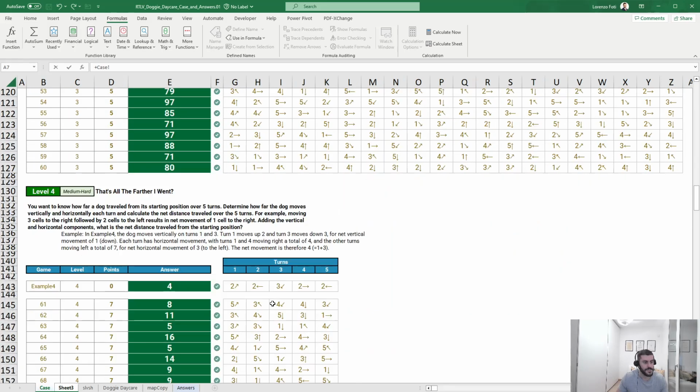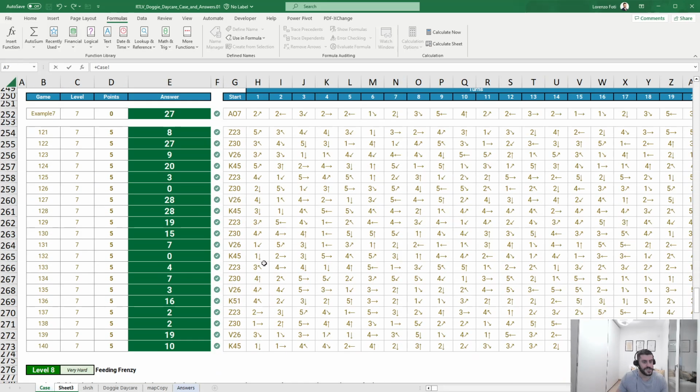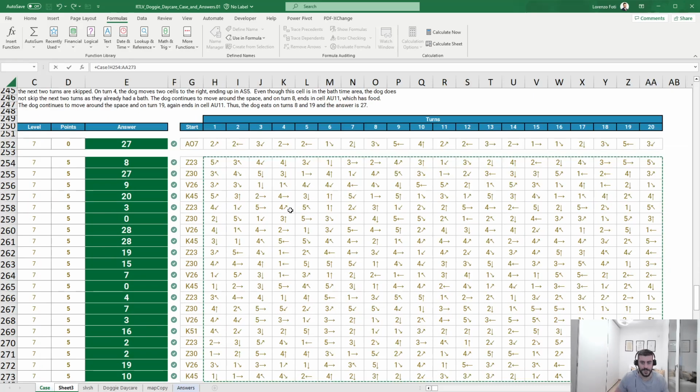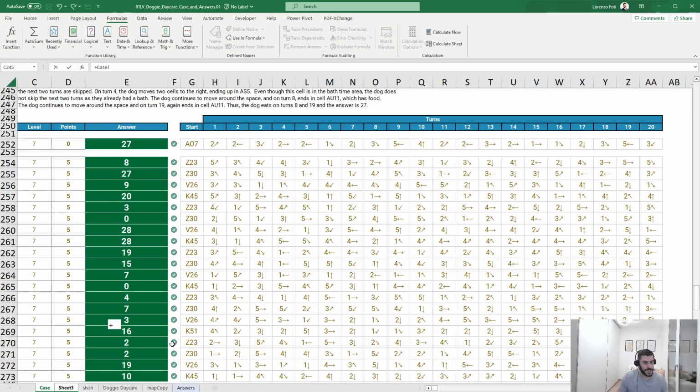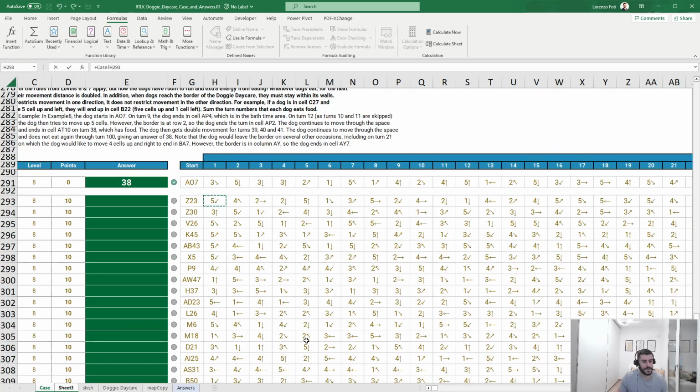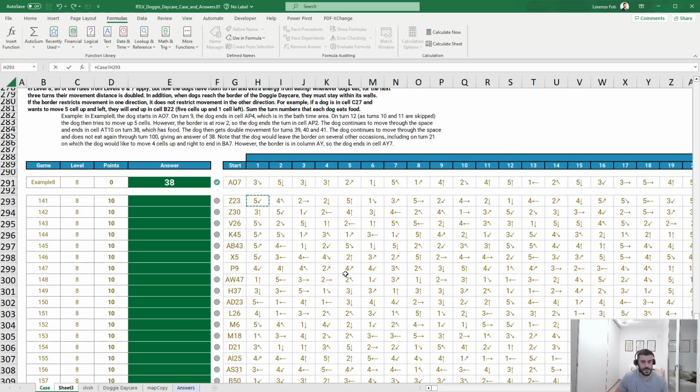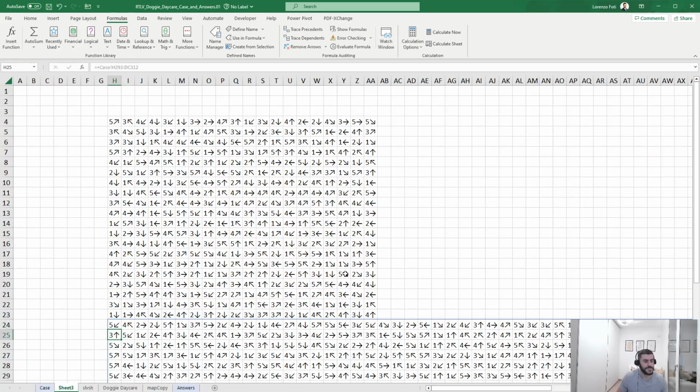Honestly, pretty easy. It asks for 121 to 160, so what I did is exactly this. I took the directions here.